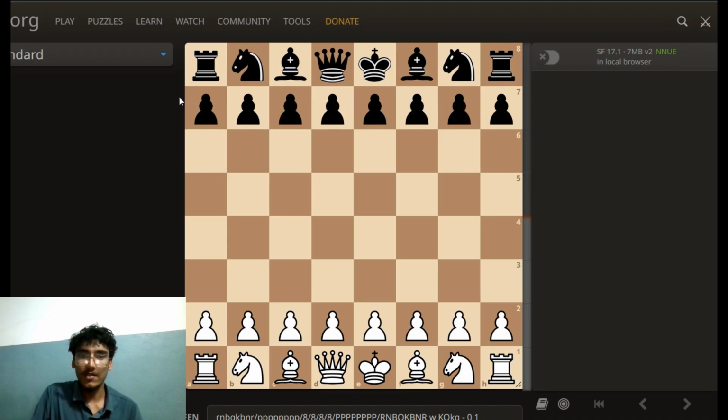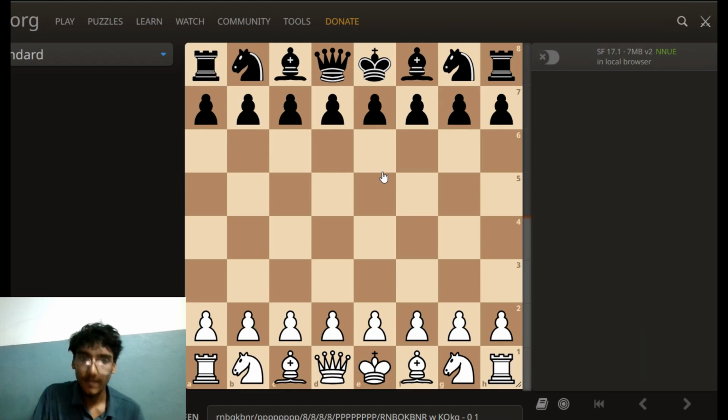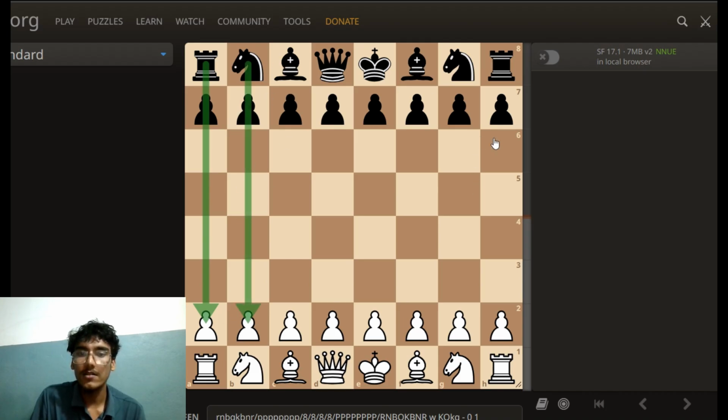For example, this is the 7th rank because there is the number 7, this is the 5th rank, 3rd rank, 2nd rank, and likewise 8th rank, 6th rank. And these vertical columns are called files: A file, B file, up to H file.